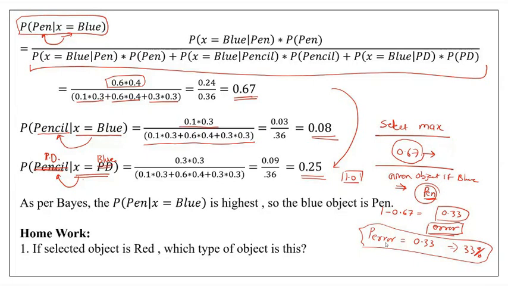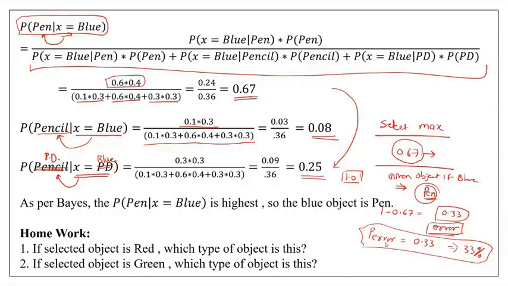Now, homework you can take: if the selected object is of a red color instead of blue, which type of object is this? What should be your decision if you do a random selection and find a red color object?